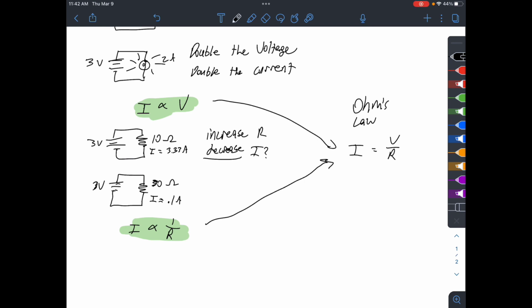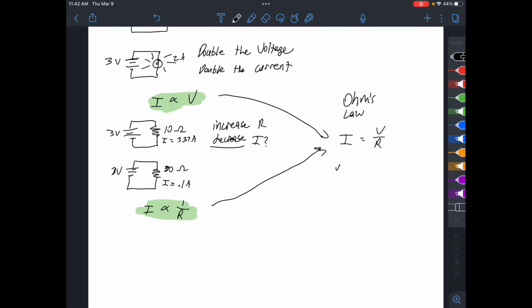As V increases, the numerator of our fraction gets larger, and so this overall fraction gets larger. So I also increases. That's one of our relationships, and then what we just talked about is R increases, I decreases still. So this is good. V equals IR, and they've just multiplied over the R from the denominator to the other side.